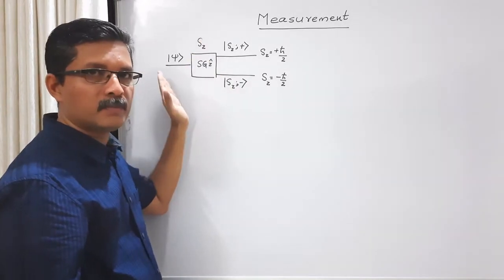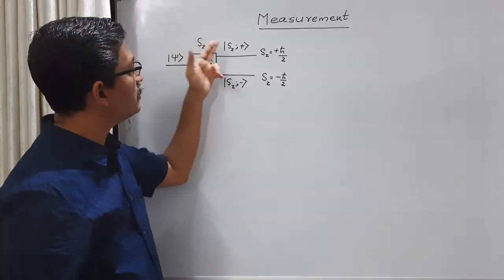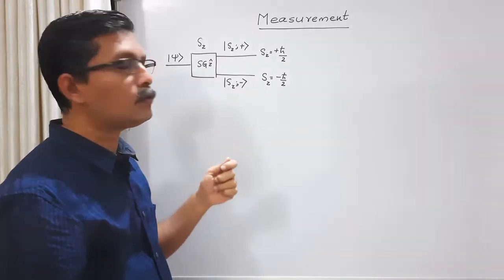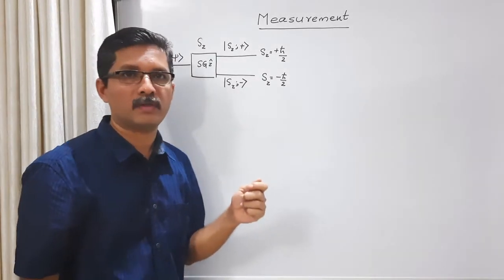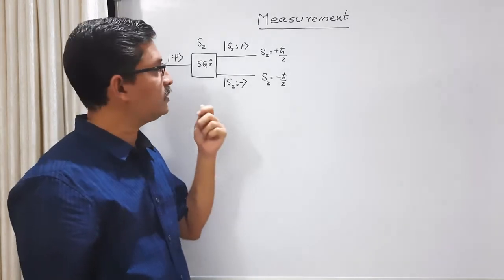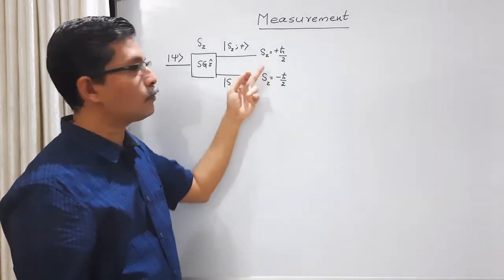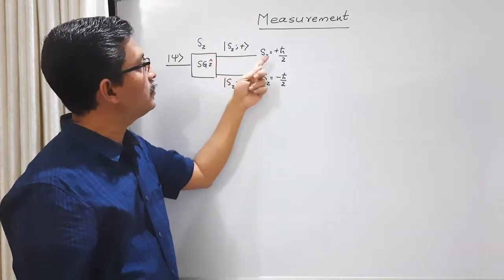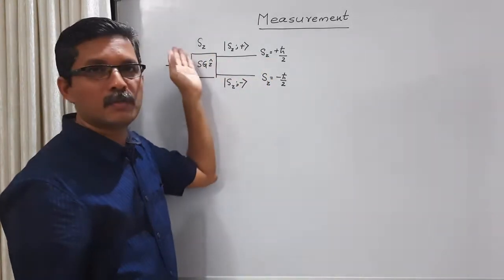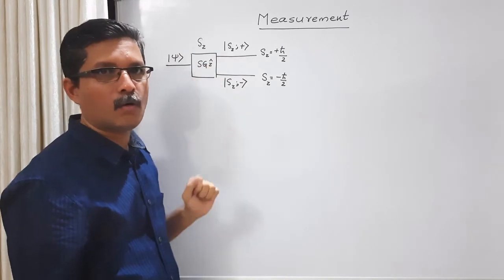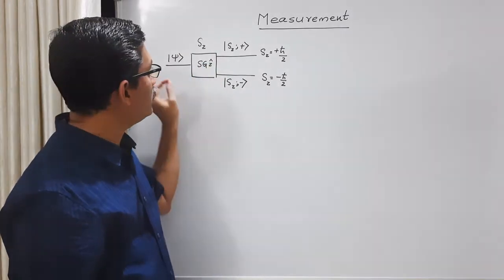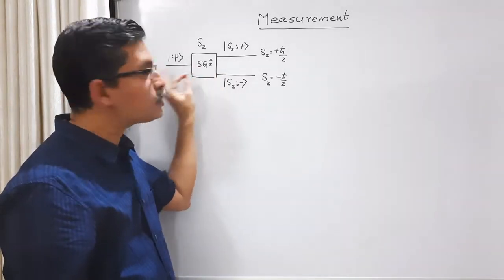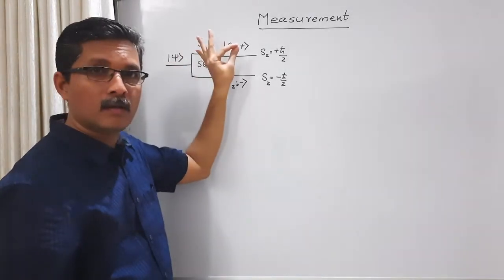So after the measurement, the system changes from the general state to one of the eigenstates, and the result of each individual measurement is one of the eigenvalues of this operator. This plus h cross by 2 and minus h cross by 2 are eigenvalues of this operator. If we consider this measurement one particle at a time, each particle will be deflected either upward or downward.